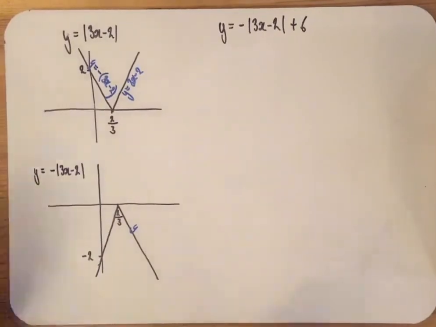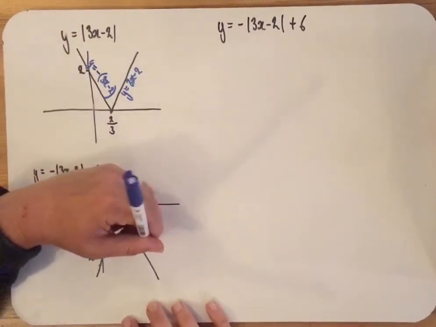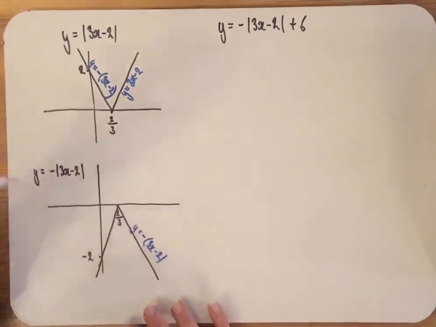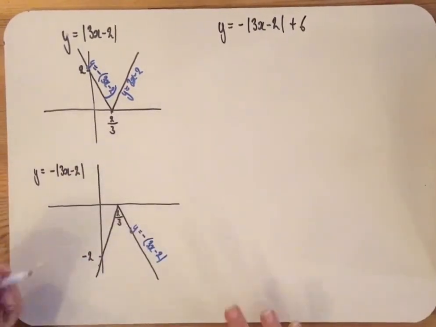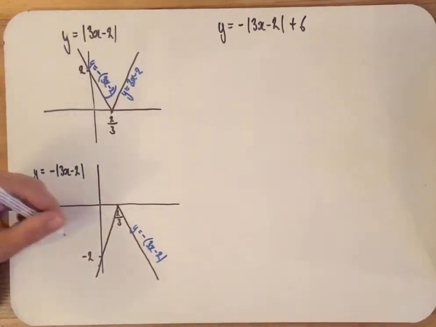Let's make it clear what we're doing. This one will be minus what it was before. So it's minus brackets 3x take 2. And this side here will be minus what it was before. So obviously when you times that by minus 1 you just get positive.